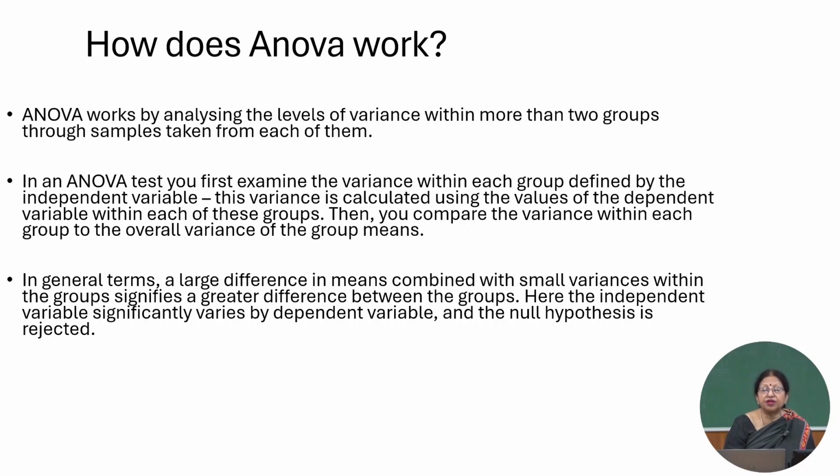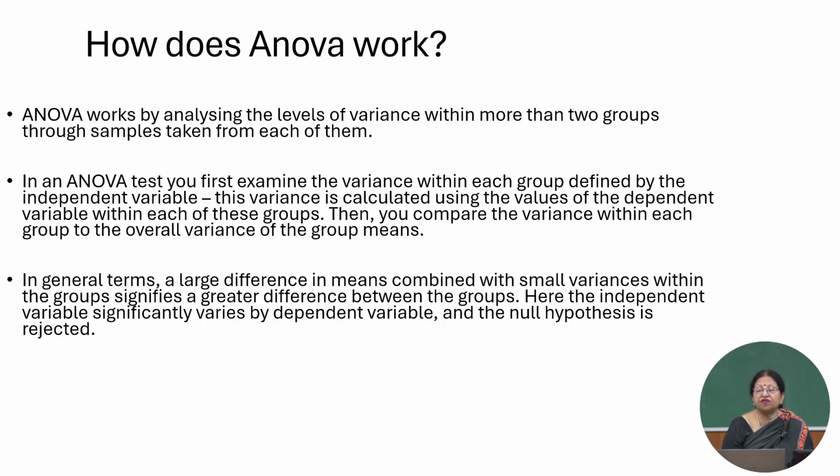How does ANOVA work? ANOVA works by analyzing the levels of variance within more than two groups through samples taken from each other. In an ANOVA test, you first examine the variance within each group, defined by the independent variable. This variance is calculated using the values of the dependent variable within each of these groups.